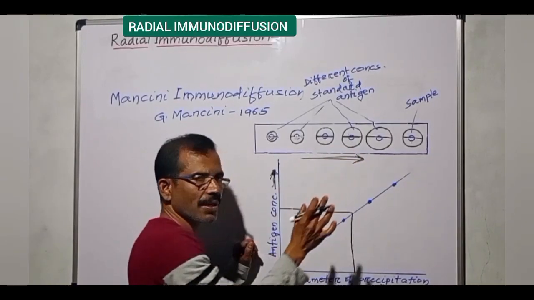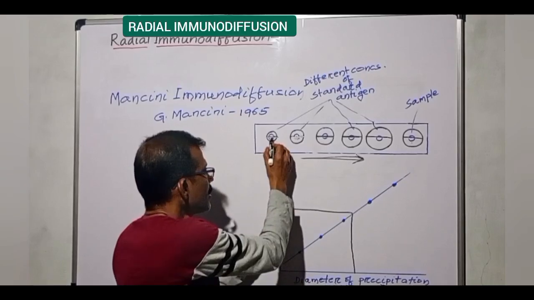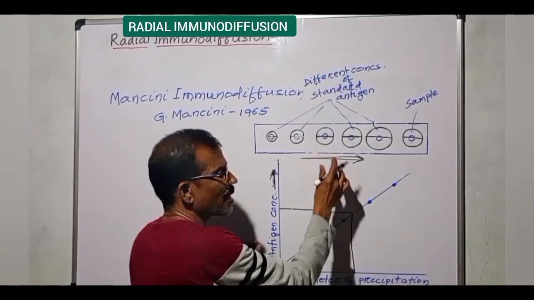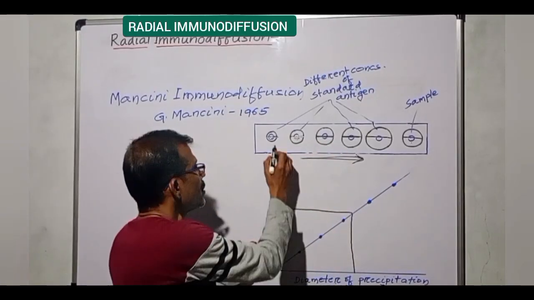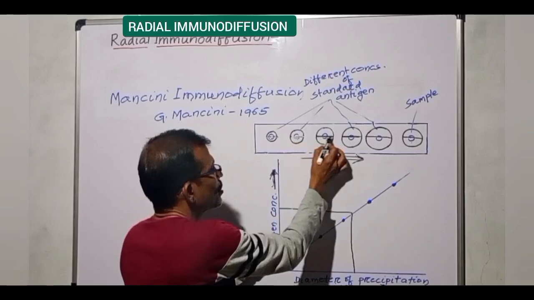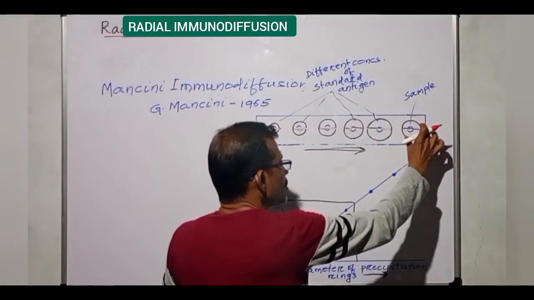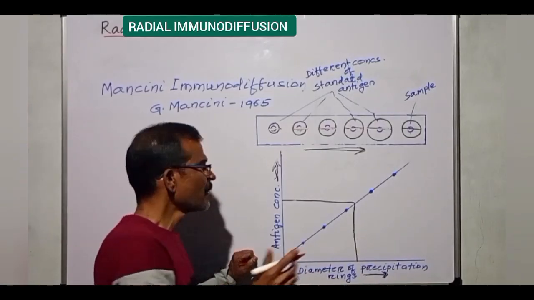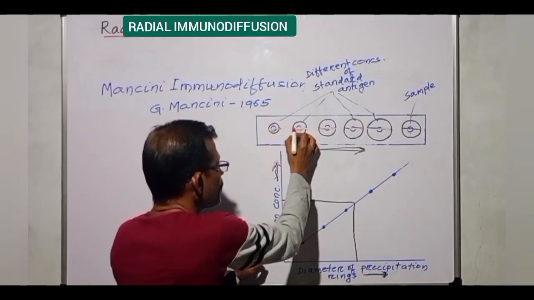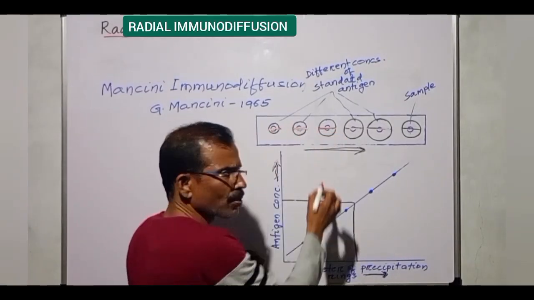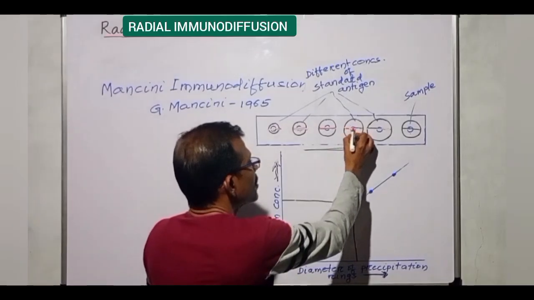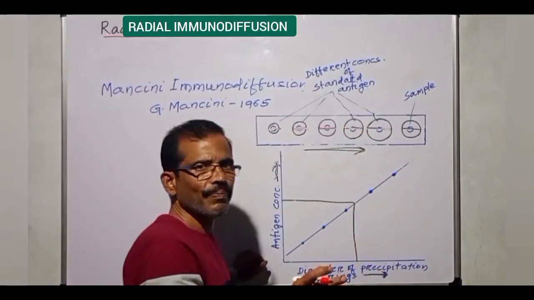In this figure, you can see that as the concentration of standard antigen increases, the diameter of the precipitation rings also increases. From this relationship, it is clear that the diameter of the precipitation ring is proportional to the concentration of the antigen.